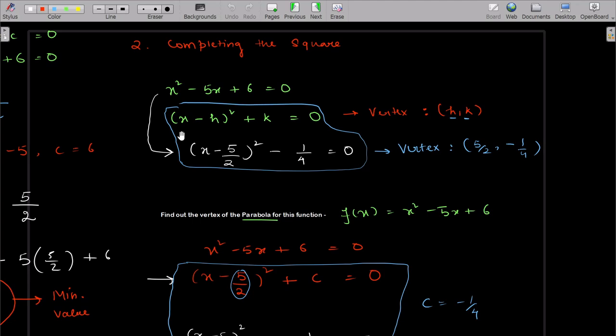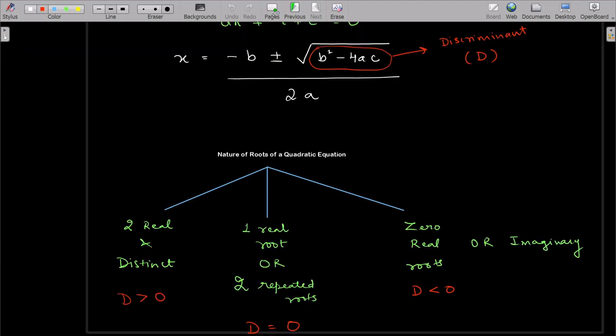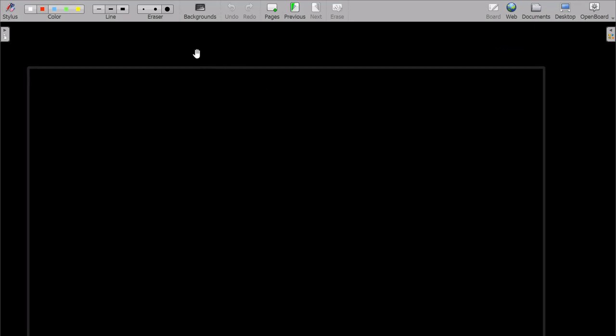Is it 1? Yes, it's going to be 1. So 1 is greater than 0, right? So for x square minus 5x plus 6 is equal to 0, the discriminant we got is 1, which is greater than 0. So that means this equation is going to have two real and distinct roots.